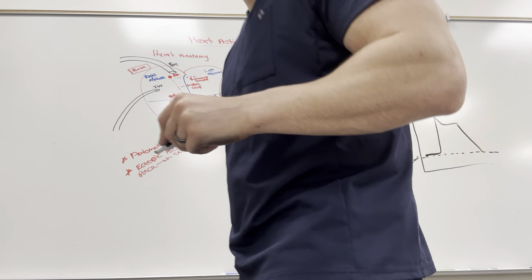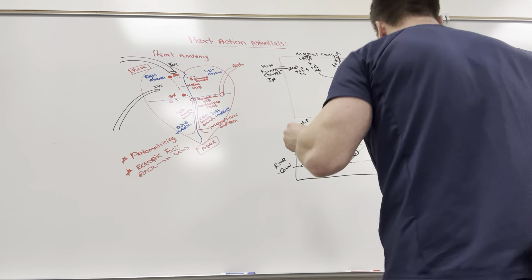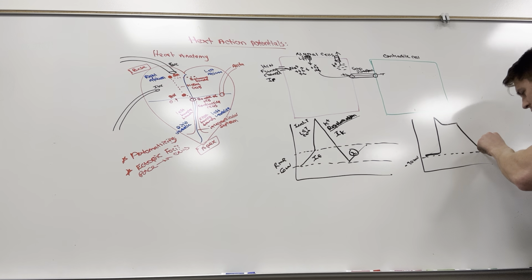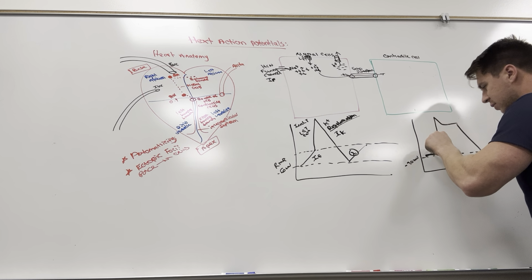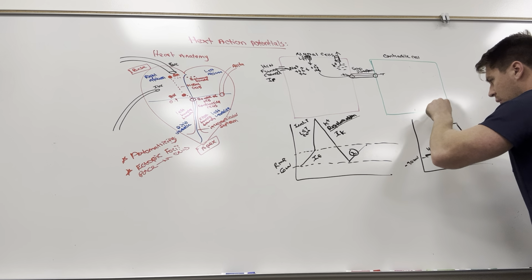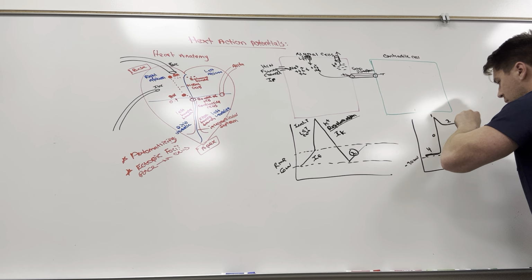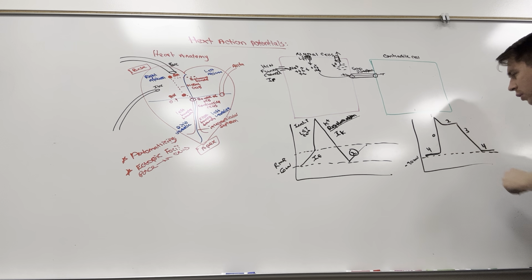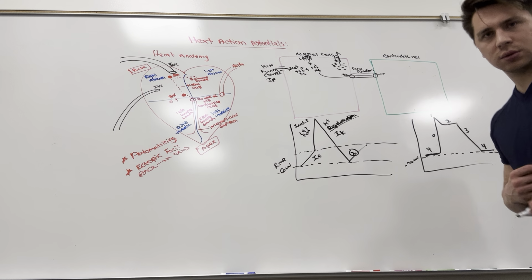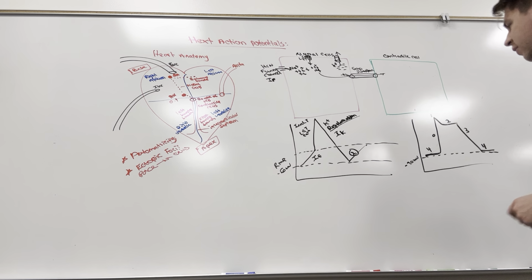Then we plateau again on the base. So we're going to label these 4, 0, 1, 2, 3, and back down to 4. Can we see that? Perfect.